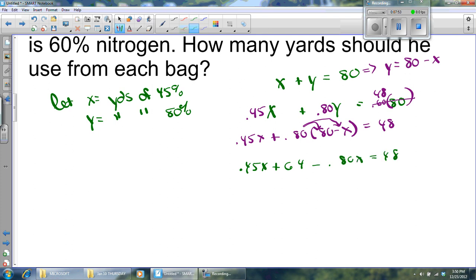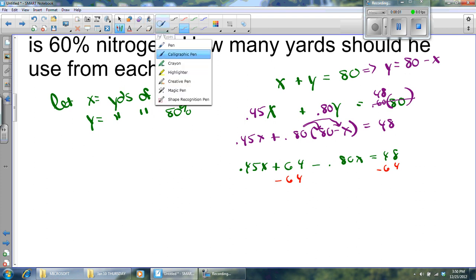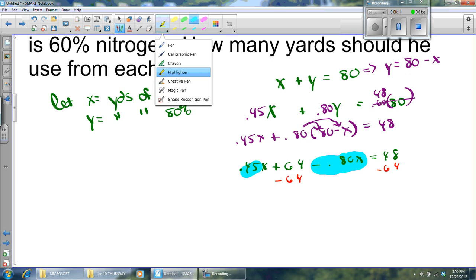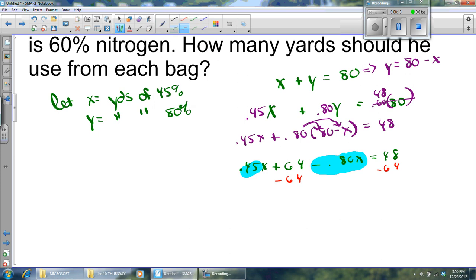So I'm going to subtract 64 from both sides, but then I'm also going to combine my like terms, this one and this one. Okay, so when I combine my like terms, I get a negative 0.35x.